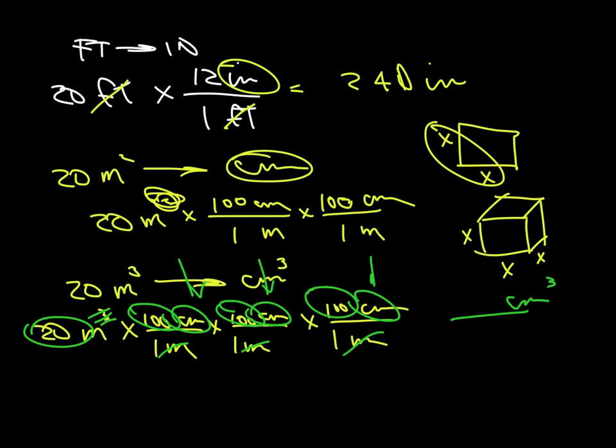Alright, now when you're doing this volume thing, one of the things that's important to remember is when you're doing volume, you're doing how much a certain object will hold, how much liquid maybe a certain object will hold. Now when you measure this, you don't say I have 1 cubic feet.